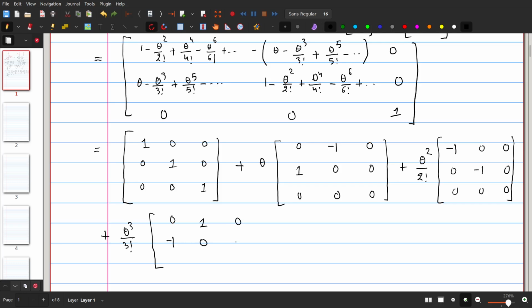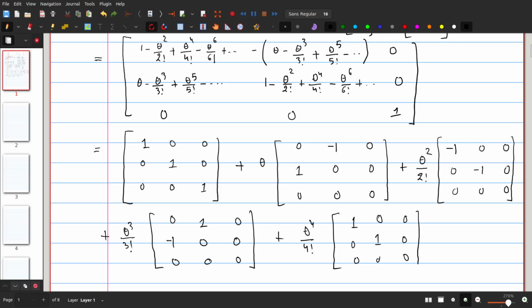Then we have 0 0 0 0 0. Then the coefficient of theta 4 by 4 factorial. In the 1 1 term, it's 1. In the 2 2 term also it's 1, and everywhere else it's 0. And so on.